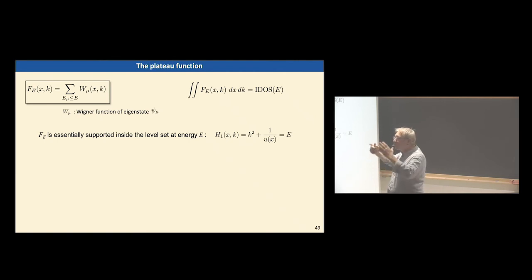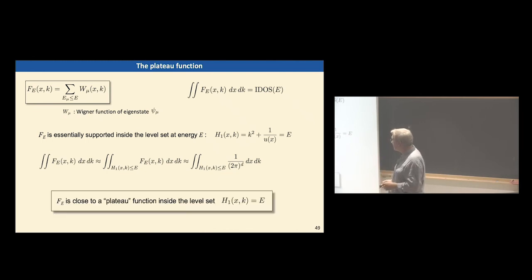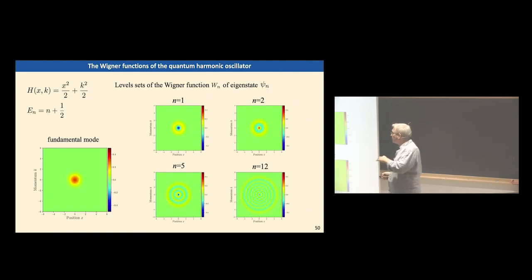You know that up to energy E, the wave functions in phase space are enclosed in this level set of k squared plus V equals E. I spare the detail, but it means that when you sum all the Wigner functions up to energy E, you know what it looks like in phase space. It's a plateau function up to this level set, and it's almost 0 after that. And if you have this control, if you have this knowledge, then okay.